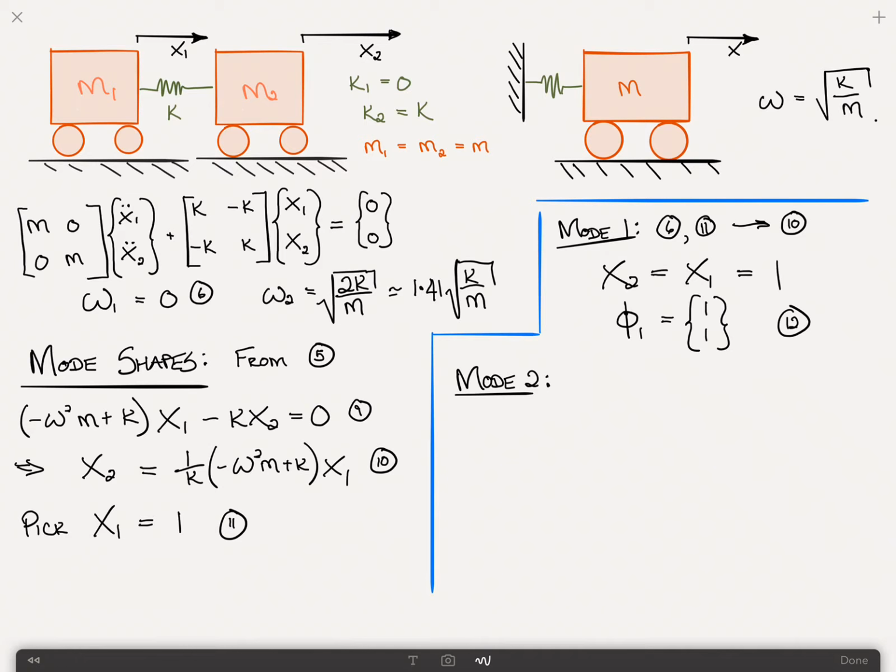So mode 2, this requires using the second natural frequency, this one we calculated here. I didn't put an equation number next to it, although I did previously. This is equation 8. And so what we want to now do is take equation 8 and 11, and substitute those into 10. And we find that, what's the easiest way to do it? I'm just going to write it as x2 is equal to 1 minus m over k times omega 2 squared times x1.